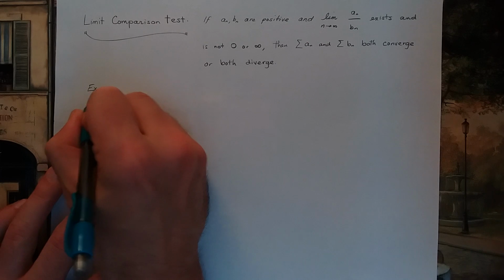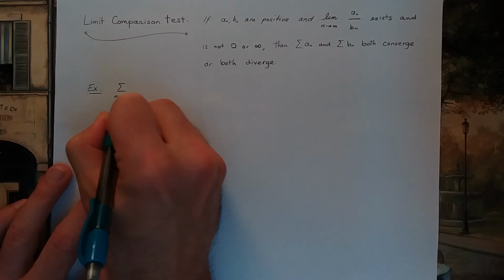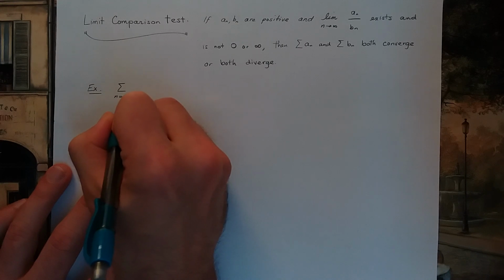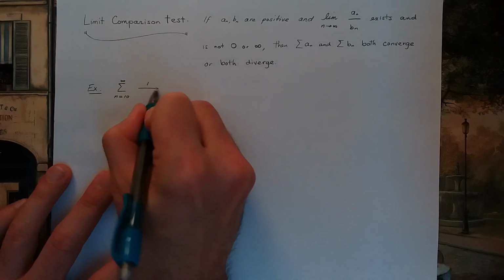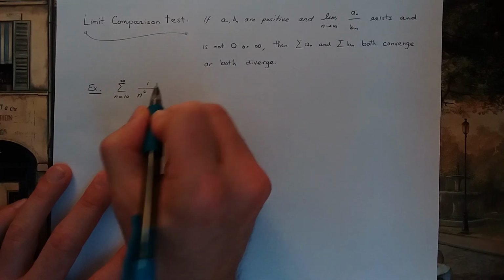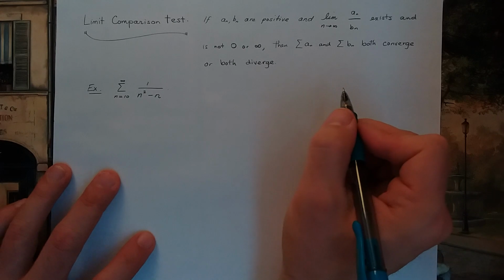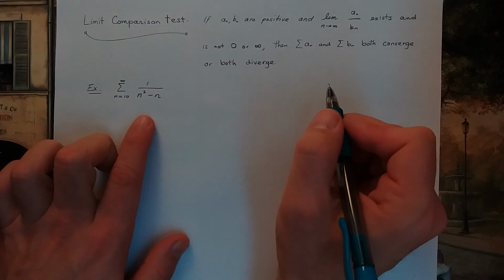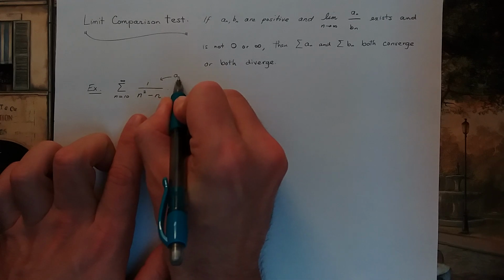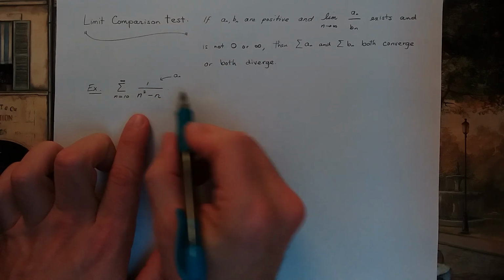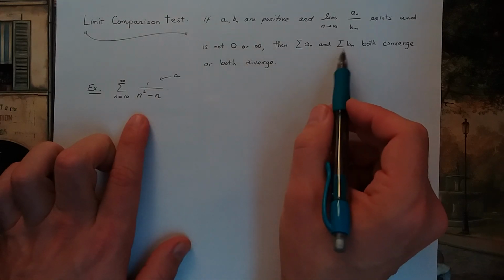Let's see an example. So what about the sum n going from 10 to infinity of 1 over n squared minus n? So to use the limit comparison test, I'm going to say that these are my a_n terms, and I'd like to compare this series with another one.